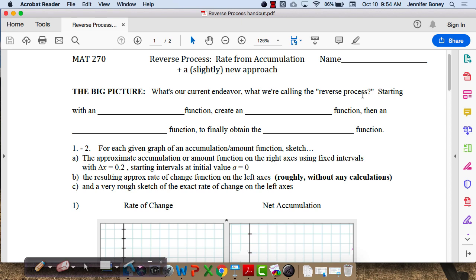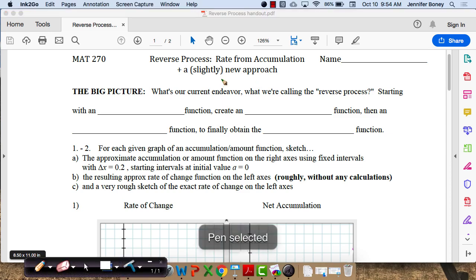Is it exact or approximate when we start? Yeah, it's exact to start with. So we're starting with an exact accumulation function. I'm going to abbreviate because otherwise this can be really messy. And then our overall goal is to get to an exact rate of change function.